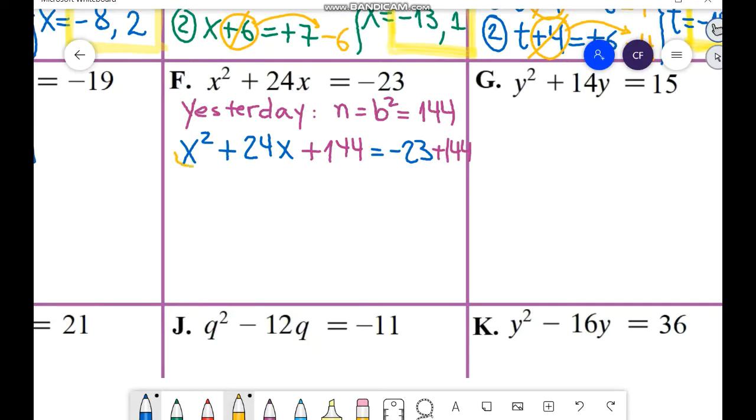This is going to be a perfect square trinomial that we can write as a plus b, and b is 12, squared, equals negative 23 plus 144, which is 121.